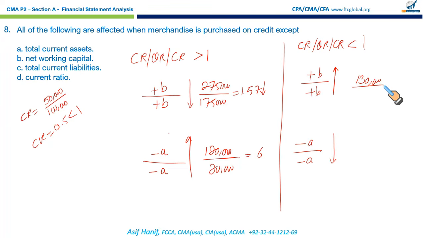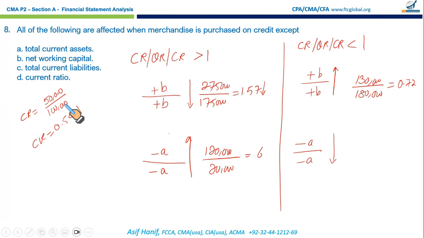Your denominator will be 100 plus 80, 180. Now let's see the ratio. Previously it was 0.5. Now it's 130 upon 180. It is now 0.72. That's clearly an improvement. The ratio has improved.